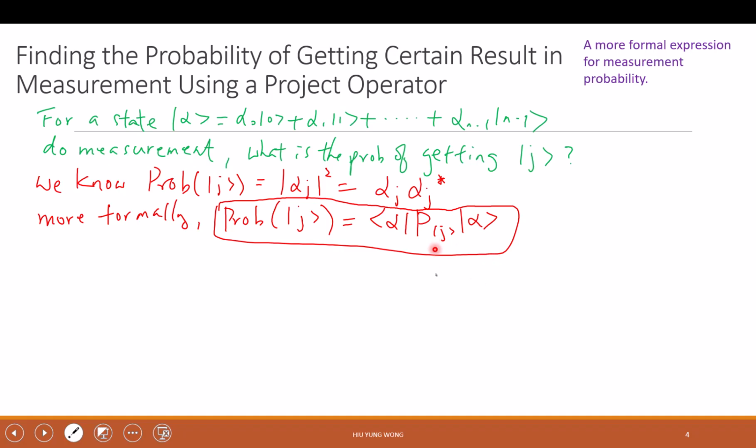What is P_J? A matrix. So a matrix times a column vector gives you what? Another column vector. How about <alpha|? Very good, a row vector. Then a row vector times a column vector gives you what? A scalar, just like an inner product, right? So this is just a number. It looks confusing, but you know it already. Now, we can also check carefully to see if this is the case.